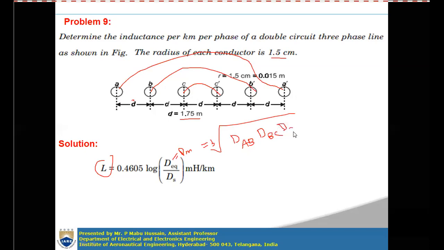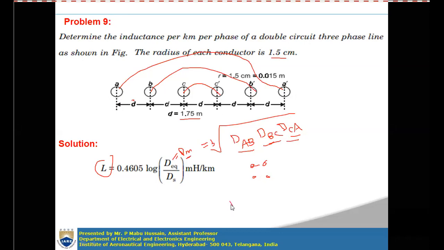For a double circuit transmission line, this is the formula. Again, DAB, DBC, and DCA are the mutual GMDs considering two phases at a time. When you consider A and B, A has two conductors, B has two, A dash, B dash. Then you have to take all the mutual products to the power of 1/4. Like that, you can calculate DBC, DCA. Then you will get the final value DM.